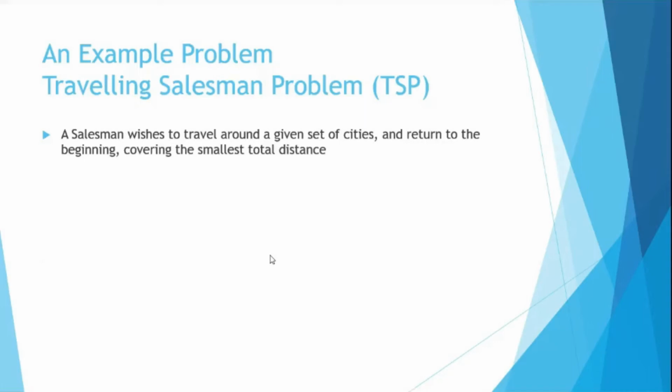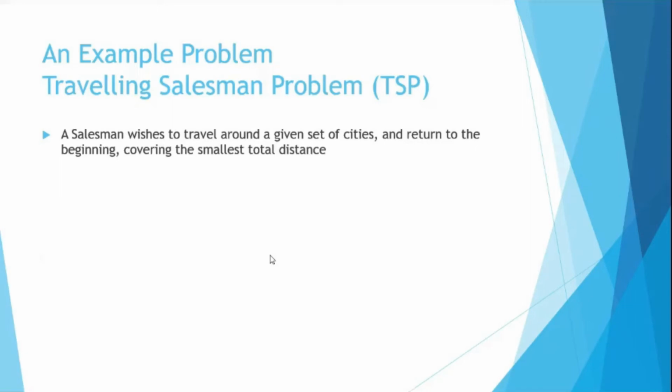A salesman wishes to travel around a given set of cities. He has to visit each city once and only once. Starting from his hometown, he has to visit each city once, and he has to come back to his hometown, because he has to stay there.